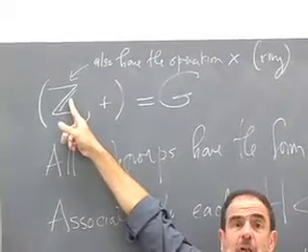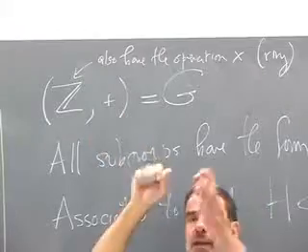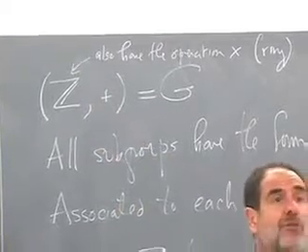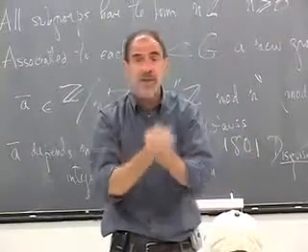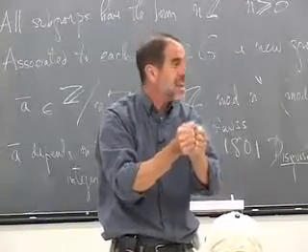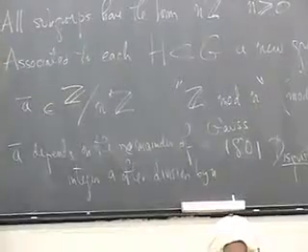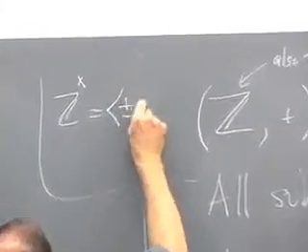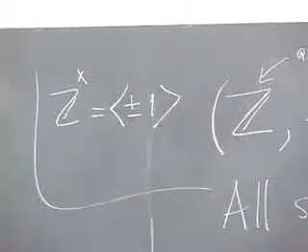If you ask yourself, what is the multiplicative group associated to the integers, namely which integers have multiplicative inverses, the answer is very simple. Just +1 and -1. There is no multiplicative inverse for 2 because 1/2 is not an integer. So for this ring, the multiplicative group is just the group on 2 elements, plus or minus 1. It's a kind of a stupid group, but there it is.